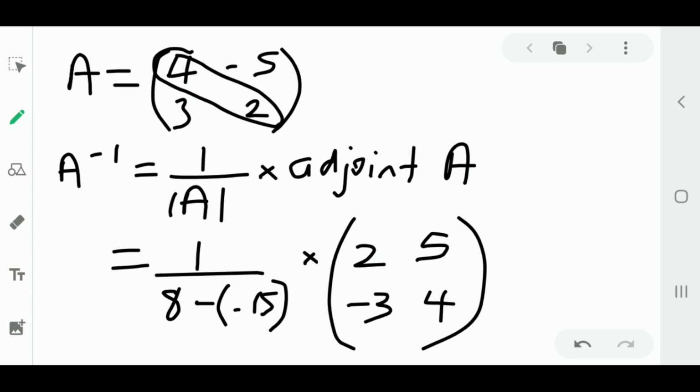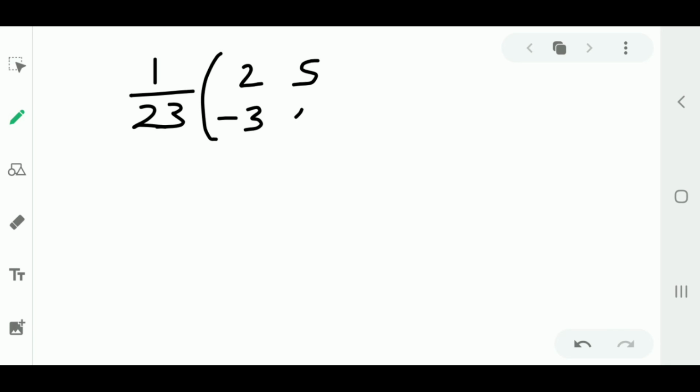If we simplify this, we get 1 over 23 times 2, 5, minus 3, 4. So this is A inverse.